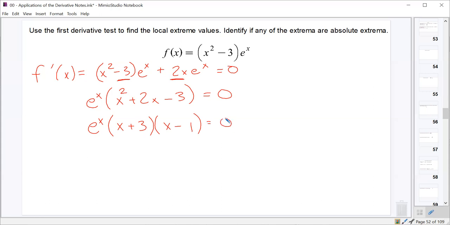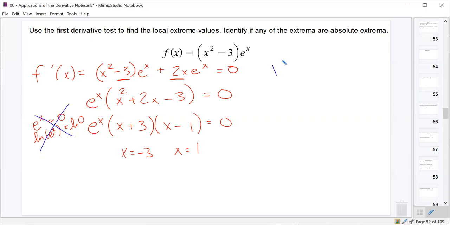And that gives us a critical value of x equals negative 3, x equals positive 1, and e to the x equals 0. Well, that has no solution. If we tried to solve that, we'd have to take the natural log of both sides. And you can't take the natural log of 0, so we get no critical values from that.